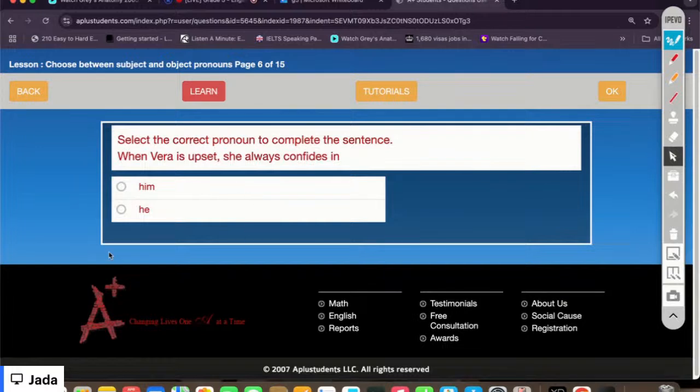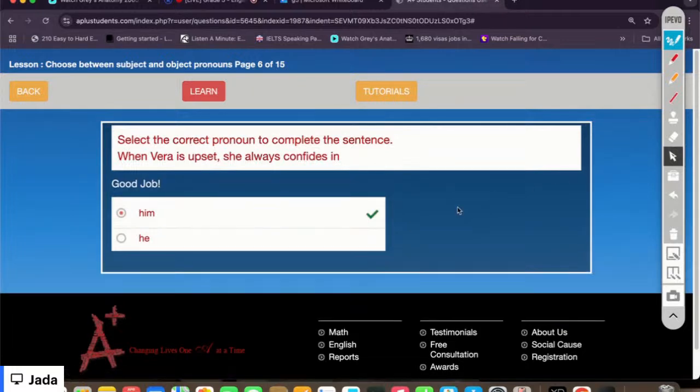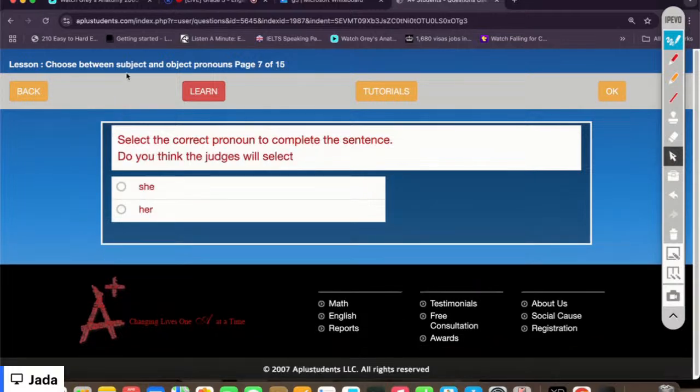Alright, so she always confides in him. Alright, so that's it for this lesson, choosing between subject and object pronouns. If you haven't done this, you have to make sure that you complete this later on in your free time. Okay? So we'll move on to the next one.